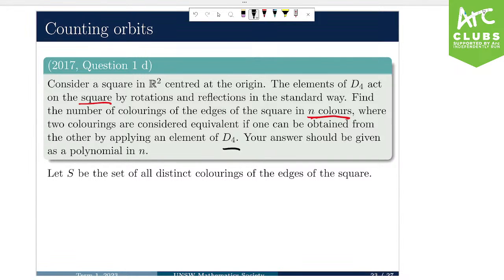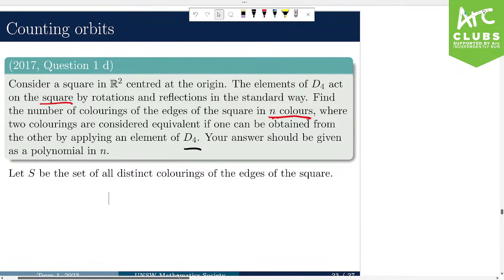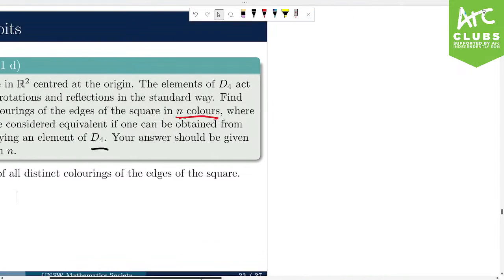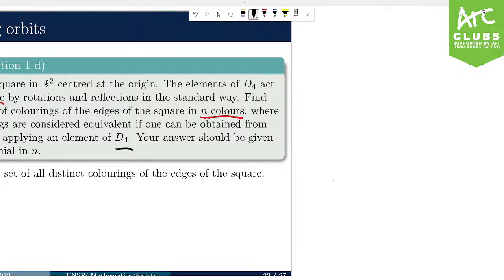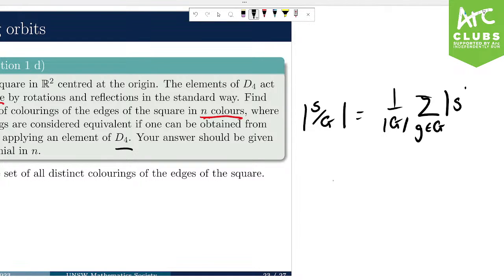We can do this by using our orbit counting lemma: the number of orbits is equal to 1 over the order of G times the sum of the sizes of the fixed point sets over all group elements.